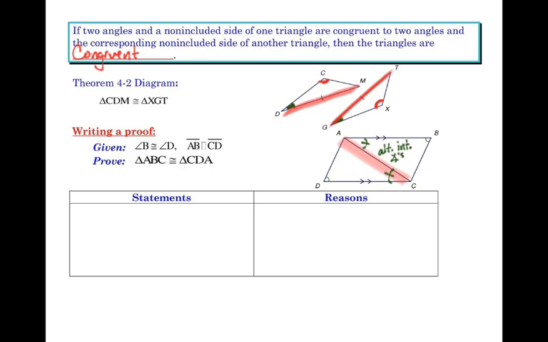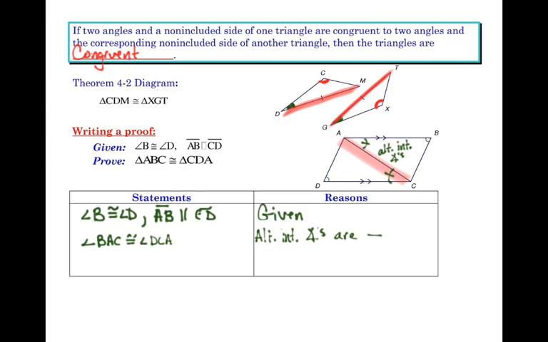So if we flesh that out, again, I start with my given. That allows me to start my proof. And then I say angle BAC is congruent to angle DCA. That's my alternate interior angles. So my reason is alternate interior angles are congruent.